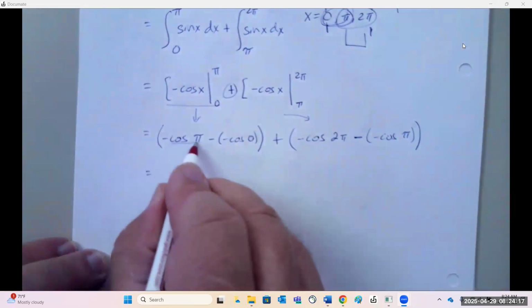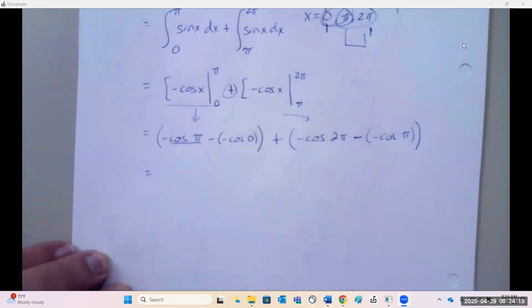So what is cosine at pi? Look at it again. Cosine is which axis, x or y? Look at your notes. I just wrote it down there a second ago. It's the x-axis. So what's the x value at pi? Negative 1.